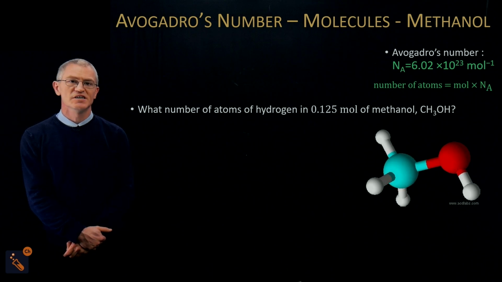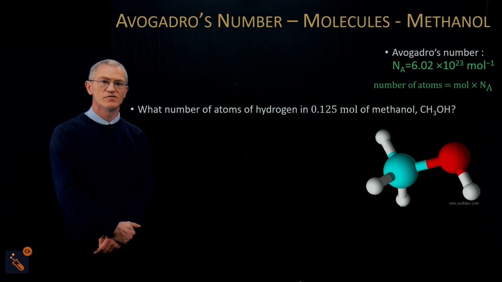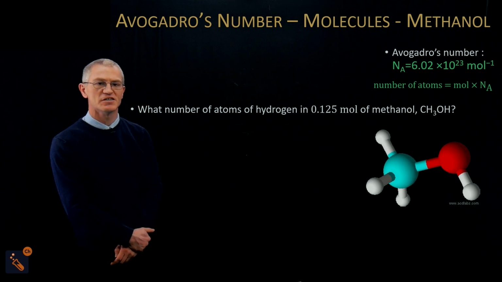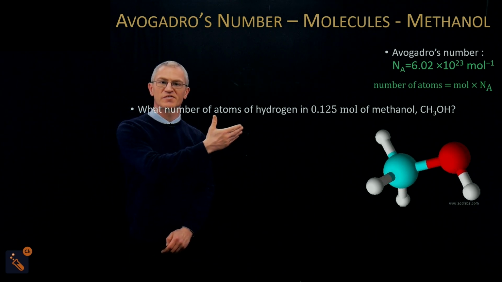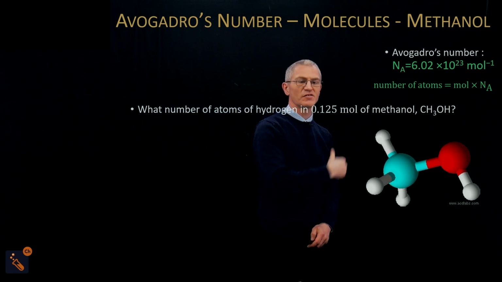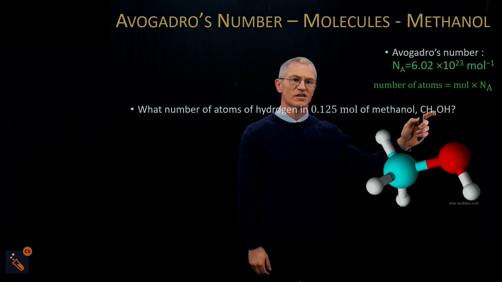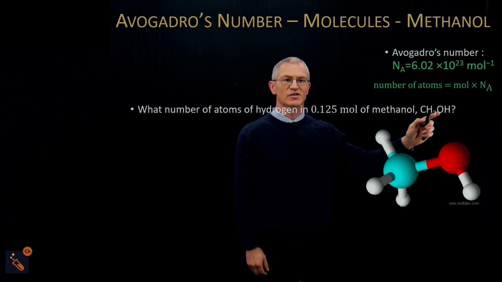Our next example is molecules. We have the molecule methanol on the board here, and we can see that there's a question: what's the number of atoms of hydrogen in 0.125 moles of methanol? We can see from the formula that we have 3 atoms of hydrogen plus the one here, which is 4.